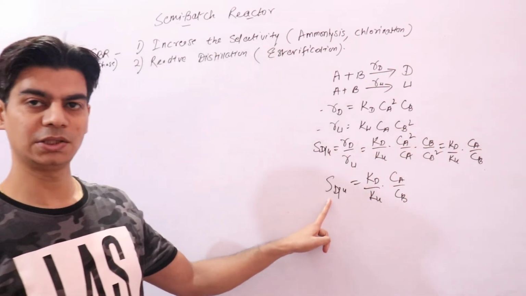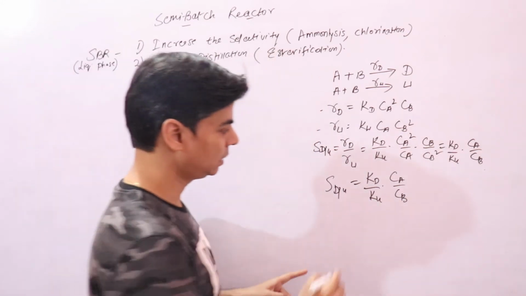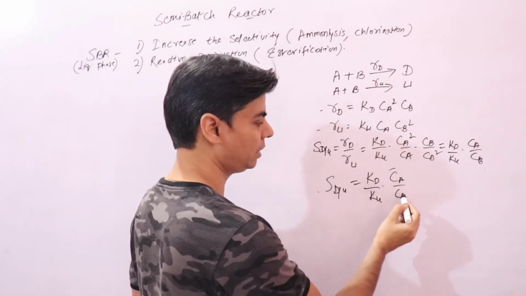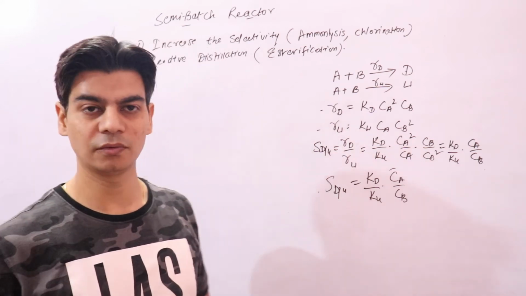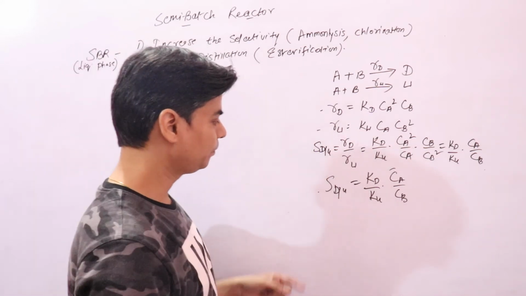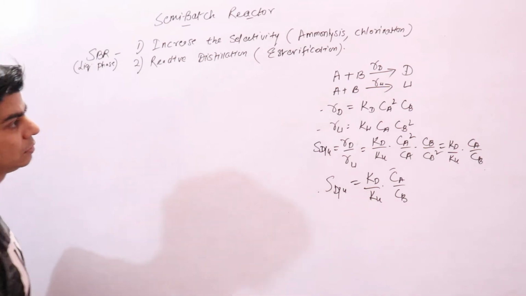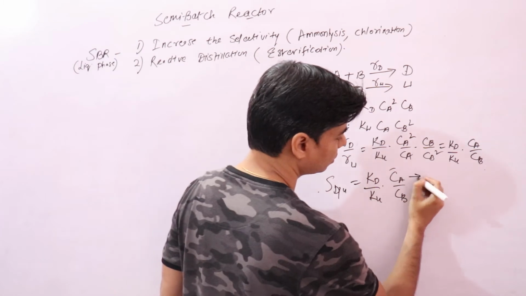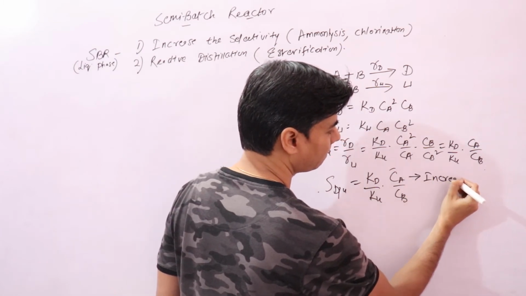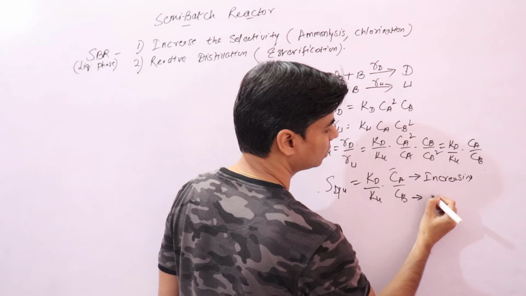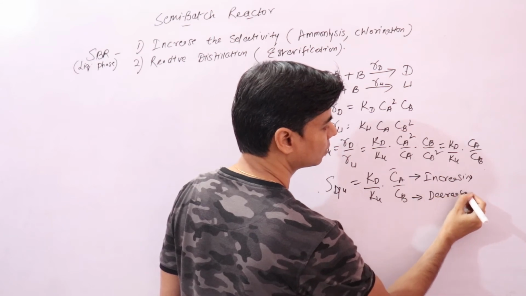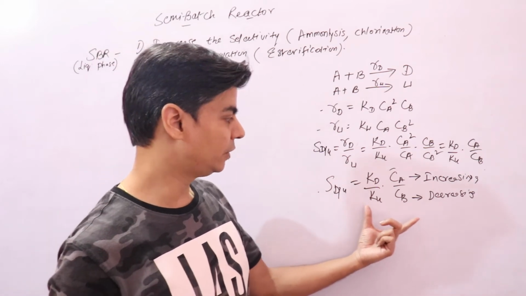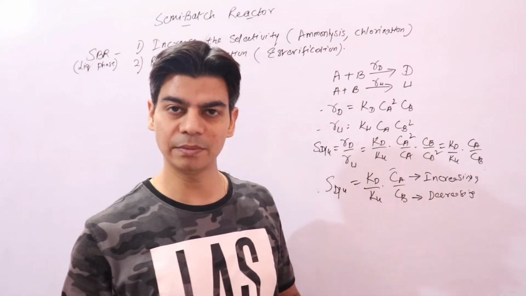Now the selectivity ratio says the selectivity of this reaction is directly proportional to the concentration of A and inversely proportional to the concentration of B. That means the selectivity of this reaction can be increased by increasing the concentration of reactant A or decreasing the concentration of reactant B. Now we need to carry out this reaction in a semi-batch reactor.